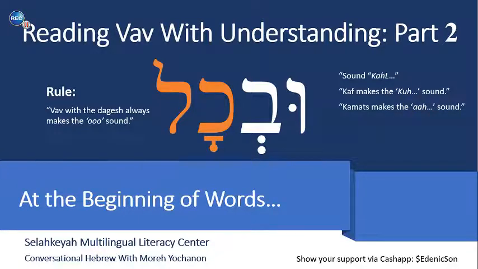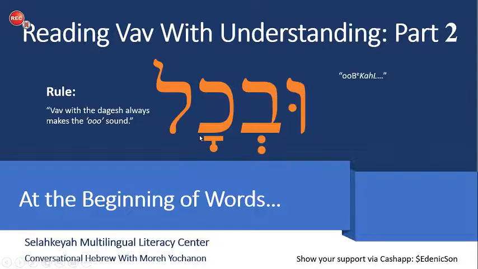The kamatz underneath the kaf makes an ah sound, and then the lamed makes the l sound. So we have kol, and this word is pronounced uv'kol. Uv'kol. Okay? And remember, the bet and the vet are interchangeable, so you'll sometimes see it like this.